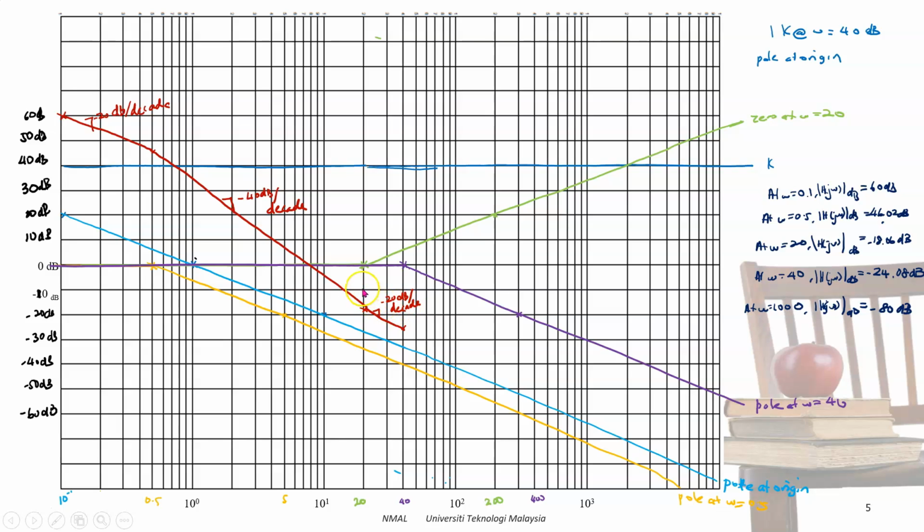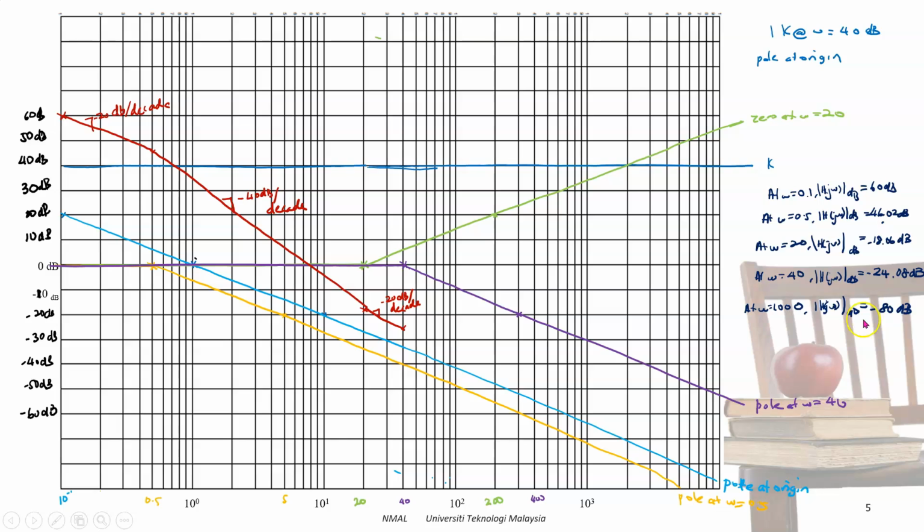So that's why I said when you want to combine, you can drag your ruler so that it is parallel with this 20 dB plot. And then finally at omega equal to 100, the magnitude should be negative 80 dB.